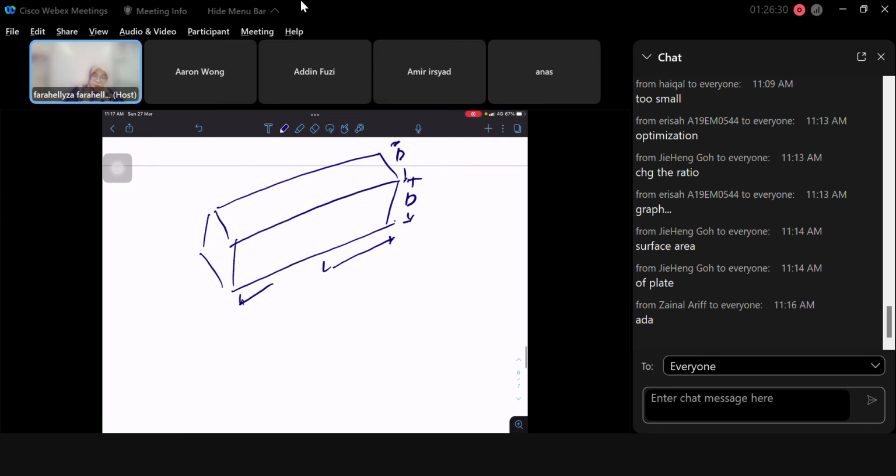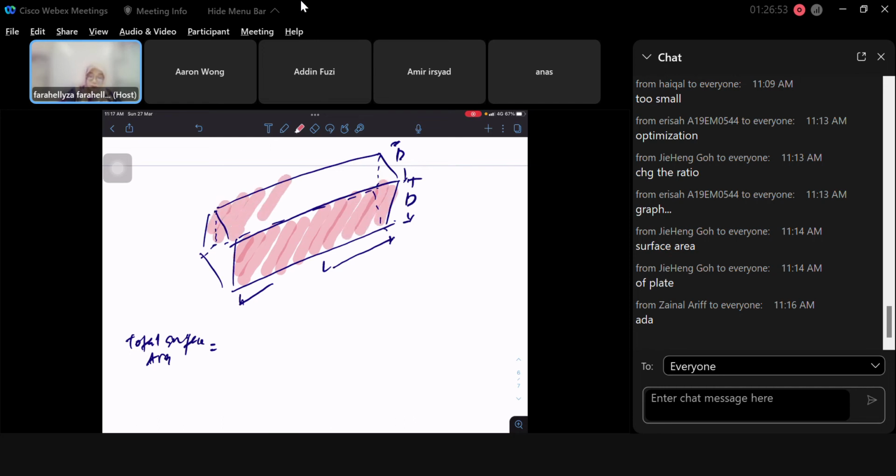So the total surface area. If you look at it this way, you have this plate, L times D, right?